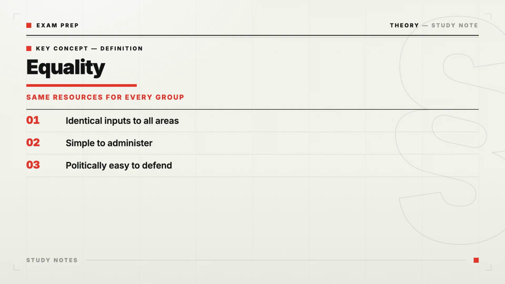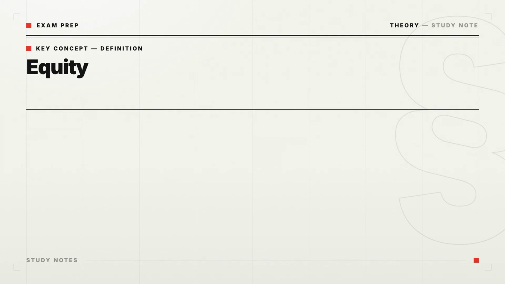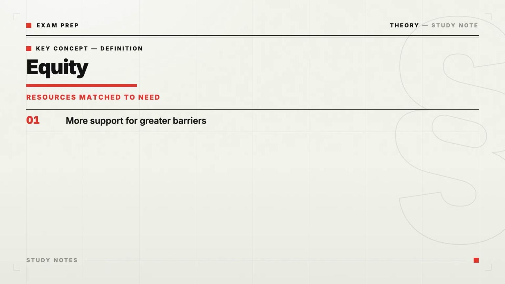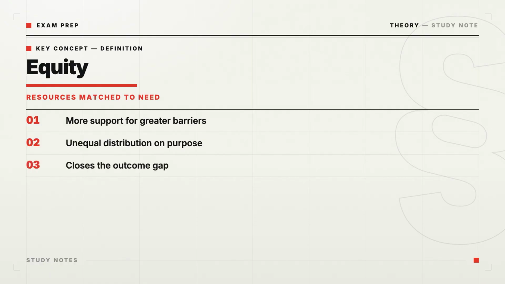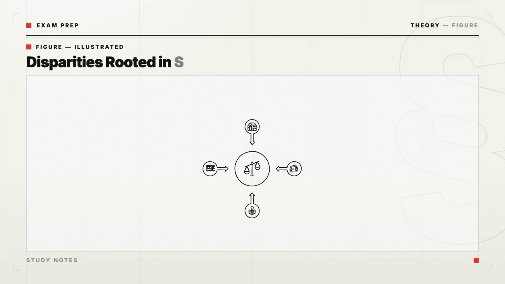But identical inputs applied to unequal starting positions leave the neediest areas exactly as far behind as they started. Health equity means giving each group what it needs to reach its full health potential, which requires allocating more to those facing greater barriers. This is the actual goal of public health. And because it deliberately distributes unevenly, it creates friction that equality never does.